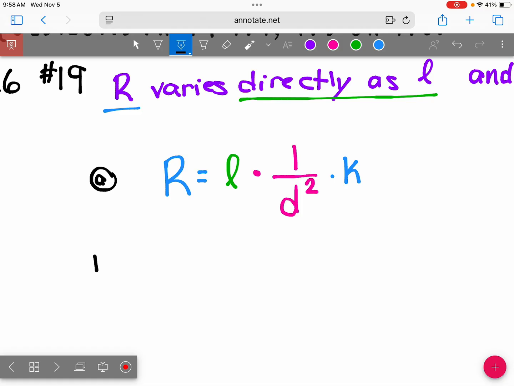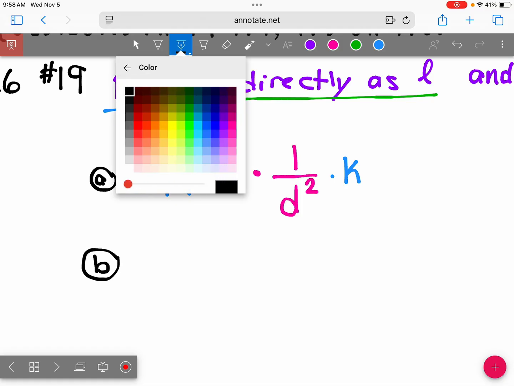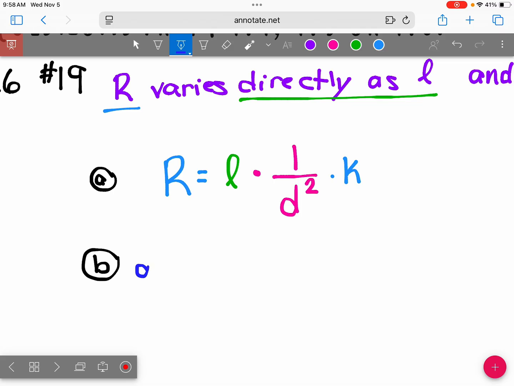For part B, they give us a little bit more information. For part B, they tell us that we have a diameter of 0.01. We're given that the length, L, is 100.